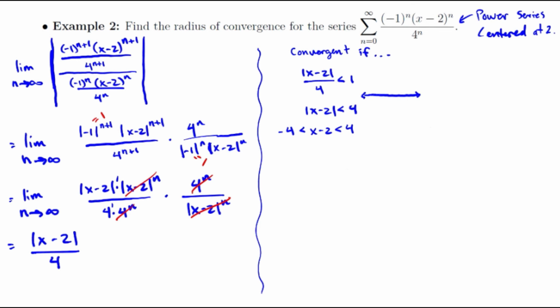So here's 0, and then here's 2. The idea is, how far can I go this way from 2, and how far can I go this way from 2?